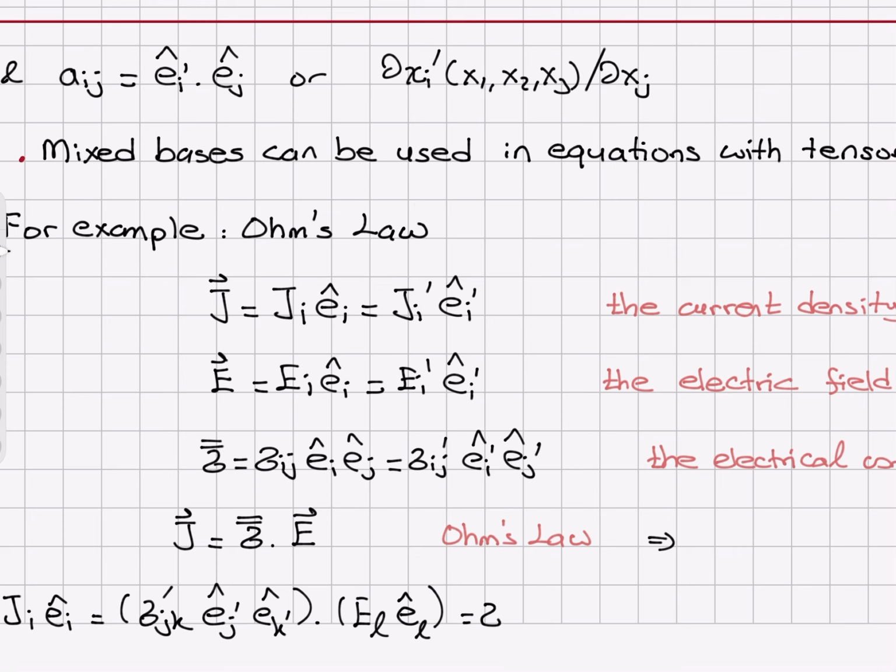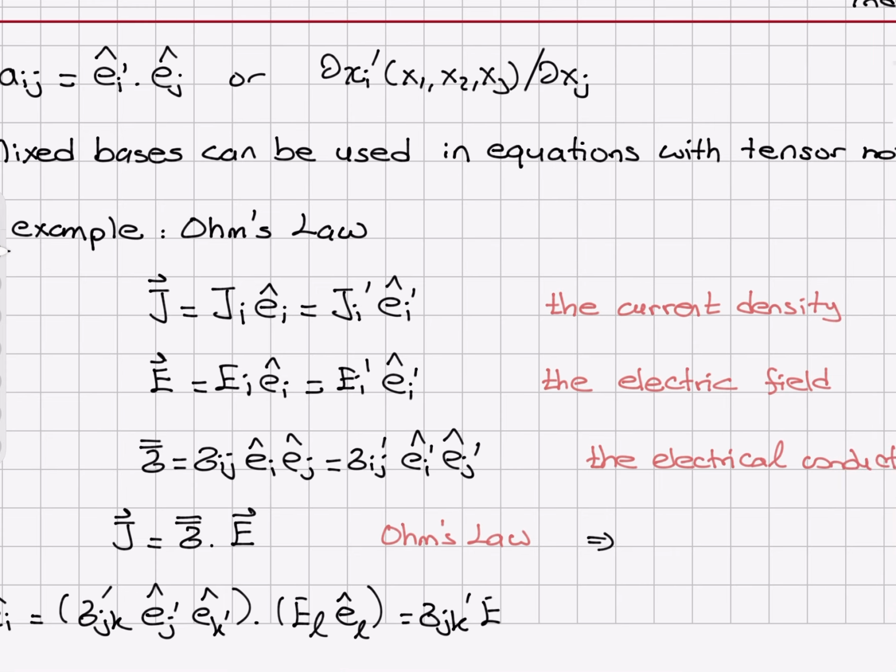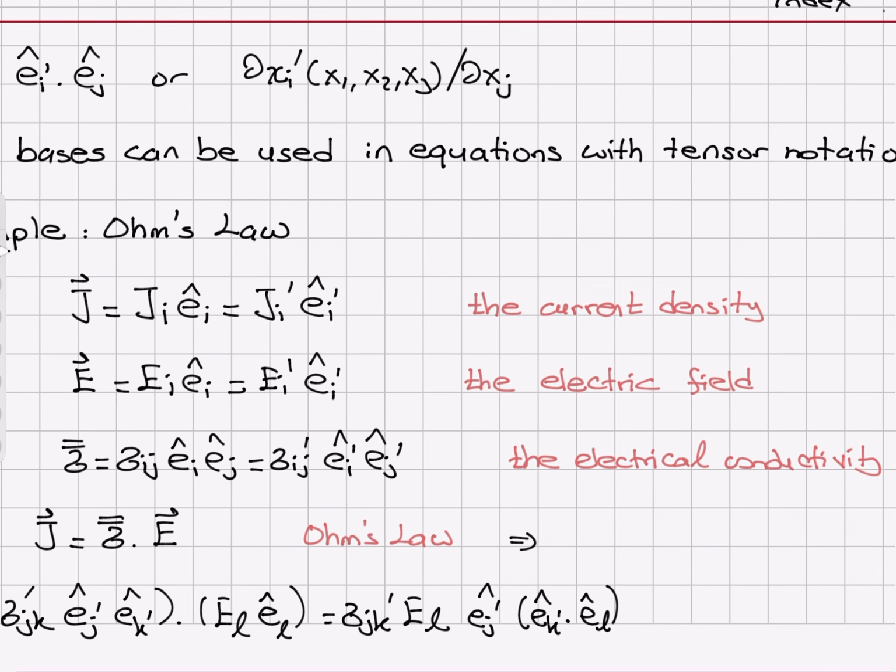This is going to give us sigma_jk prime E_l. Now I have e_j prime hat and e_k prime hat dot product with e_l hat, which gives me a transformation matrix. So this is equal to sigma_jk prime E_l in the unprimed coordinate system, e_j prime hat, and what I have in parentheses is the transformation matrix element A_kl.